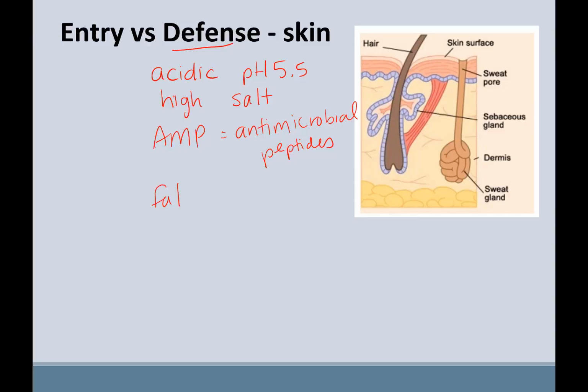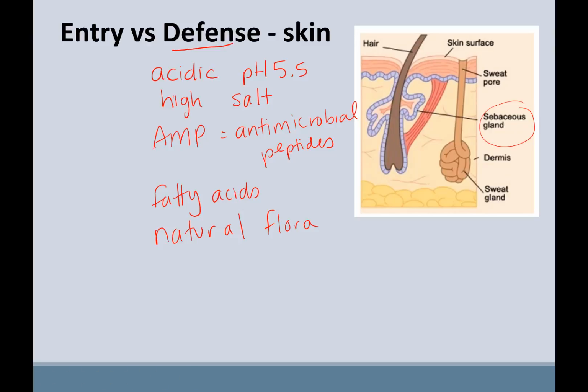We also secrete a lot of fatty acids through our sebaceous glands, right? So all that oil that comes on your face and makes you glow. We have natural flora. Right, so if you ever need to do a microbiology experiment, someday you have kids at a science fair, you can just swipe different parts of your skin and grow lots of bacteria.